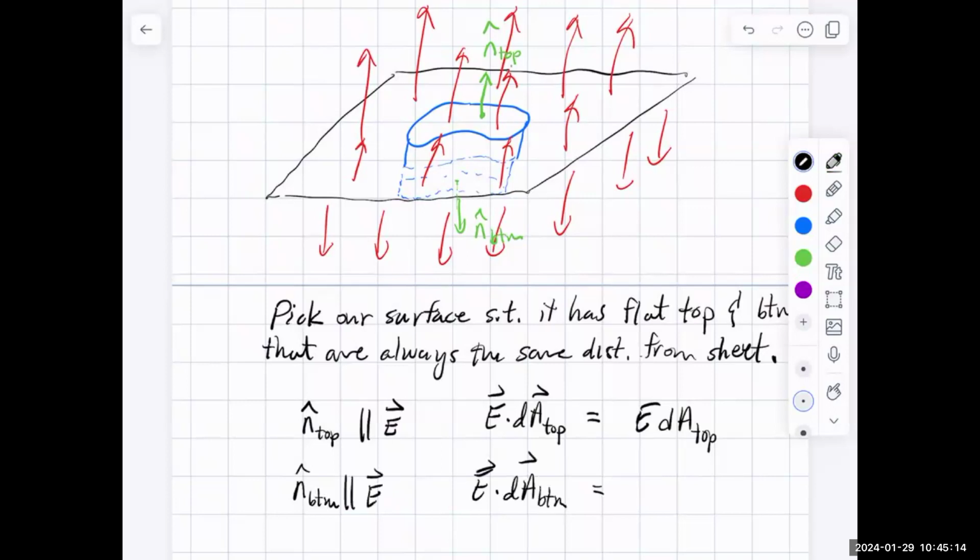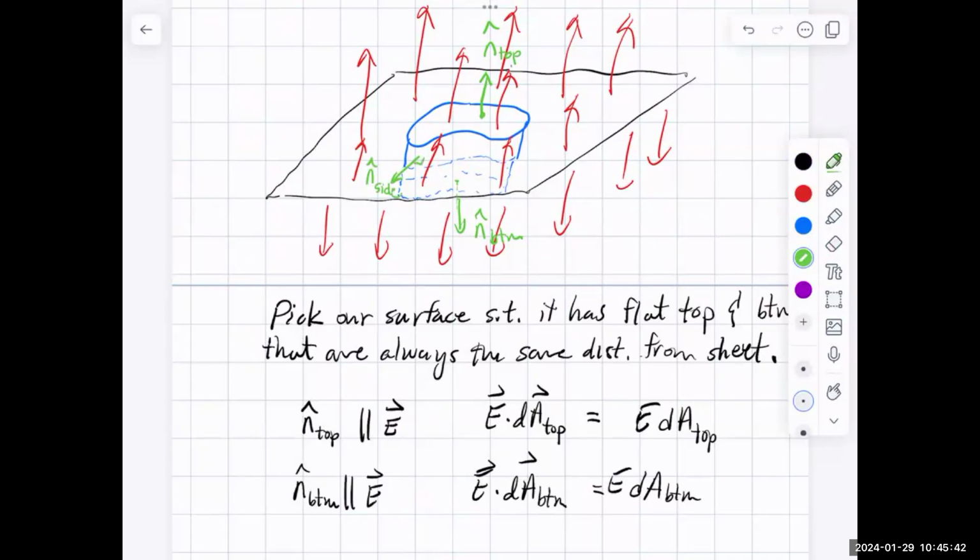So the dot product will just go away, and we'll just have a regular product of E times dA, whether it's top or bottom. All right. Now we get something a little more interesting. I'm going to try to draw an n hat side.